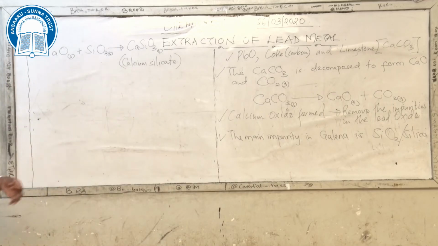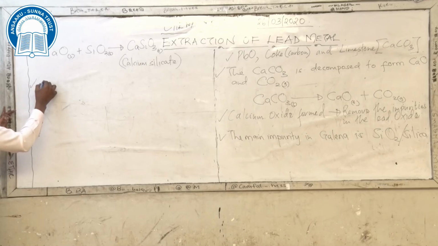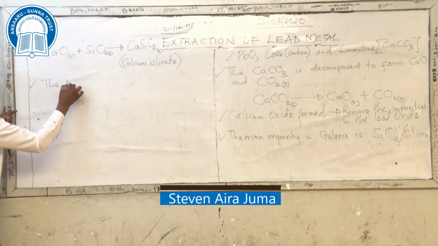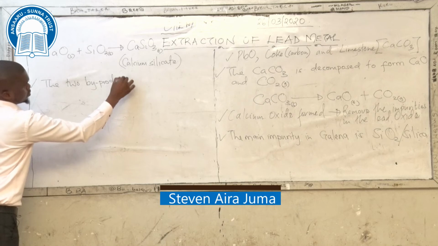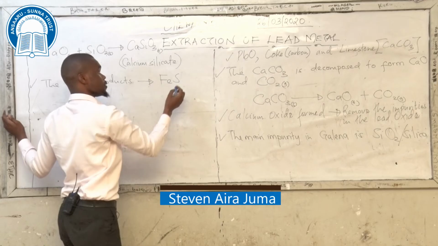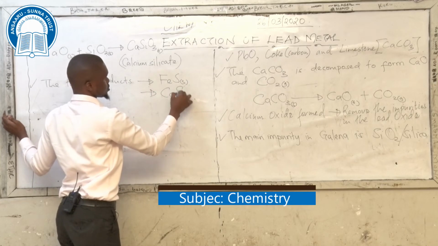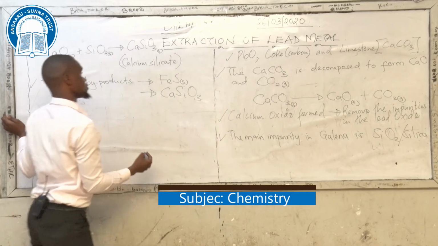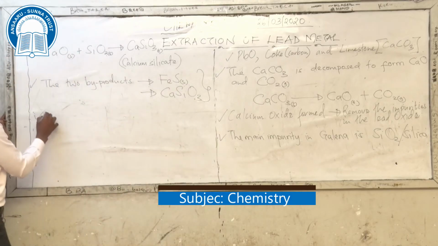What is the fate of calcium silicate? Now there are two things here coming out as byproducts. One of them was iron 2 sulfide formed, and the other one is now calcium silicate. The two combine to form slag.